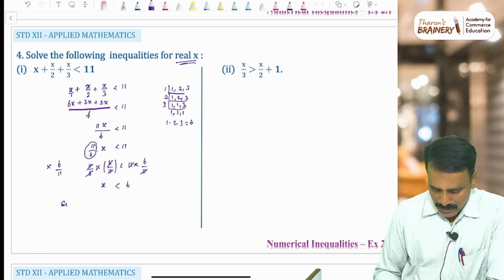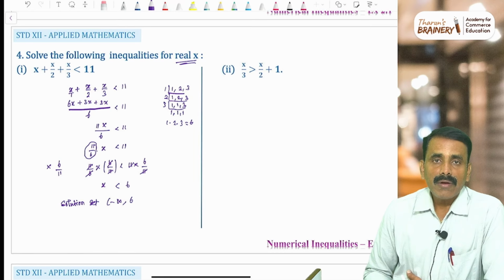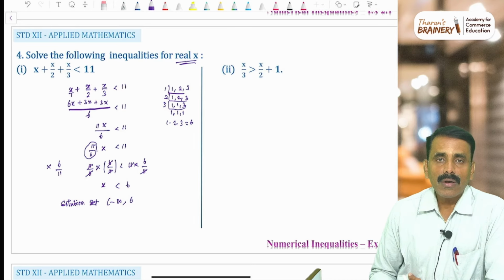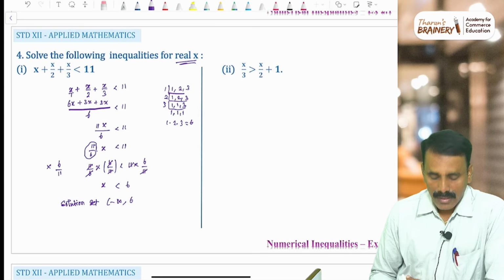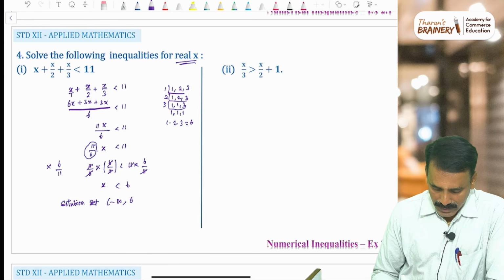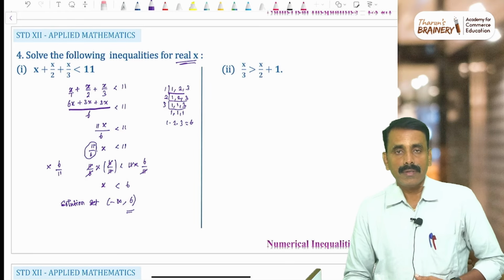So, the solution set will be minus infinity to 6. Now, tell me whether I have to close it or put an open bracket. Here we do not have the equal to symbol, correct? So, we are not supposed to put a closed bracket, we have to keep an open bracket. The endpoint is not included. Is it clear?